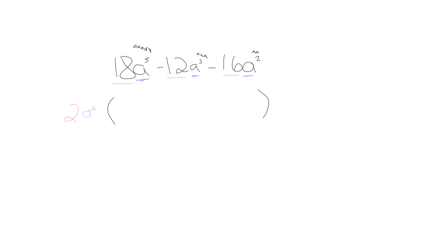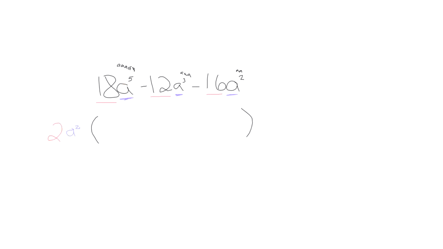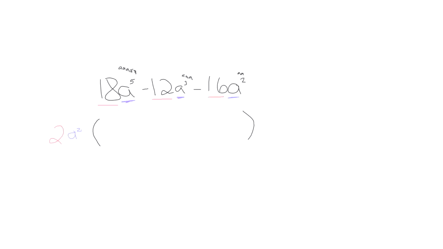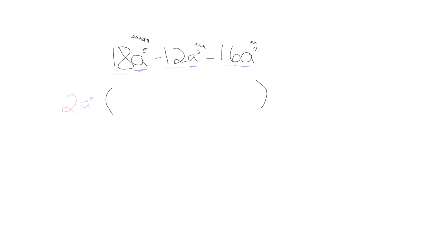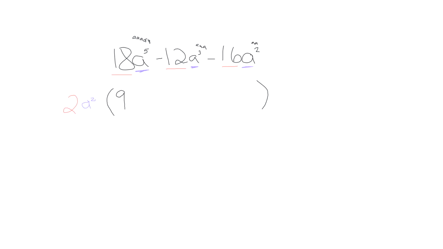So it's kind of like you take the biggest number they have in common and the smallest amount of variables they have in common. So 2a squared. I'll do the 2 into 18, we'll get 9. And a squared divided into a to the 5th leaves me with 3 a's, or a cubed.